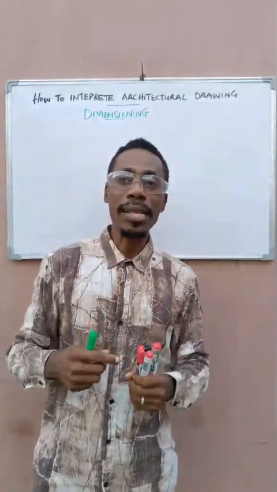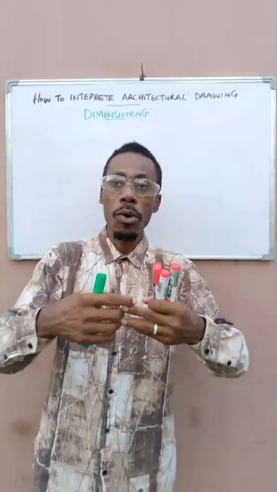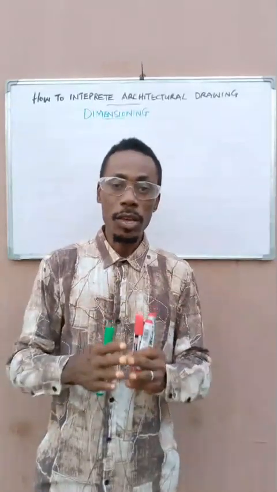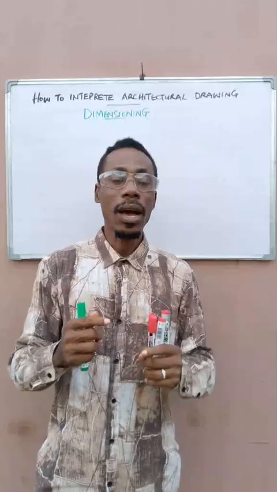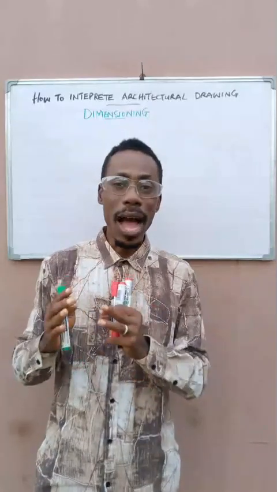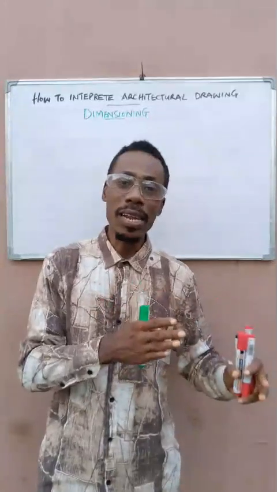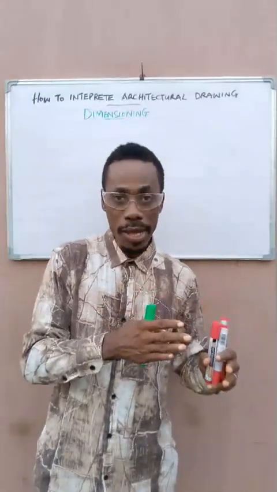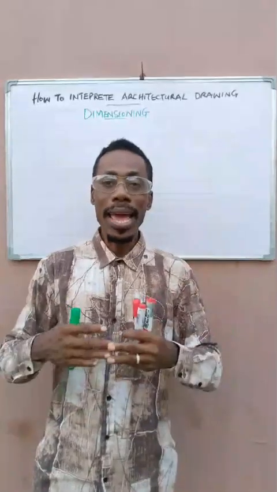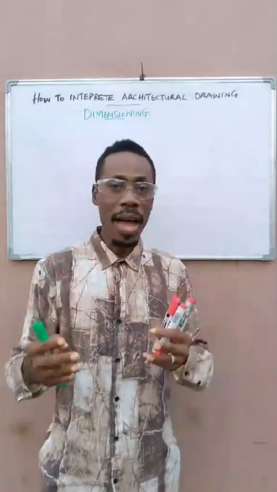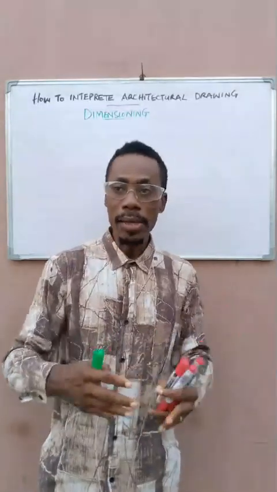So it's important that you understand the linear measurement so that you can get these formations as it is on the drawing, because the important aspect of this whole interpretation is to be able to translate what you have in the drawing to the ground. The building plan helps us to transfer the floor plan to the ground.